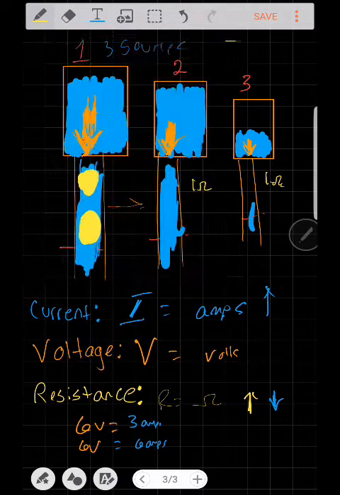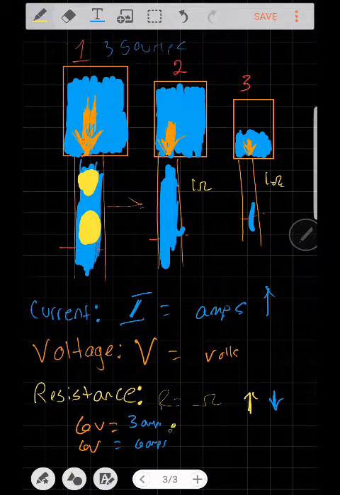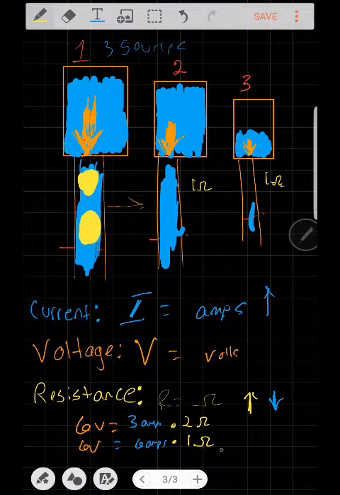And that would mean my resistance here would be, what times 3 would get me 6? It would be 2 ohms. And this one would have to be 1 ohm, right? Well, look what's happened here. When my current increased from 3 to 6, my resistance had to decrease from 2 to 1. And we know that's the case because the voltage kept the same. That's what would have to happen to them.